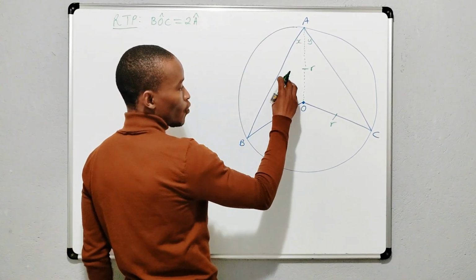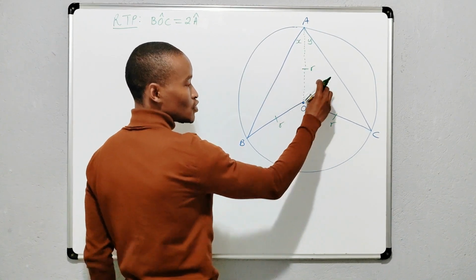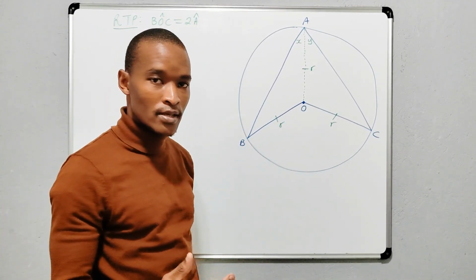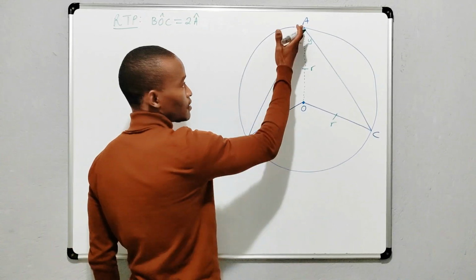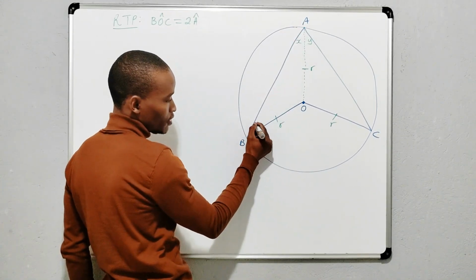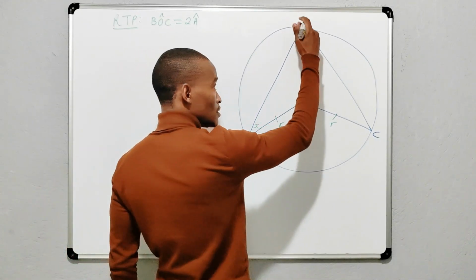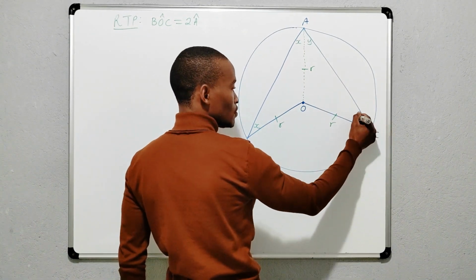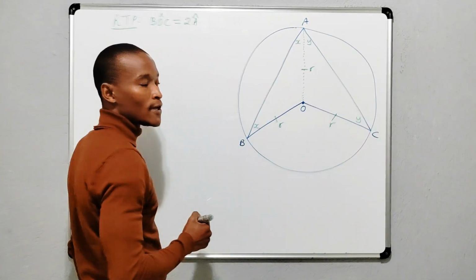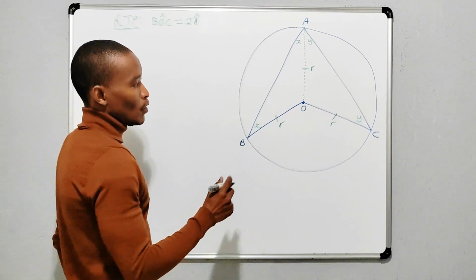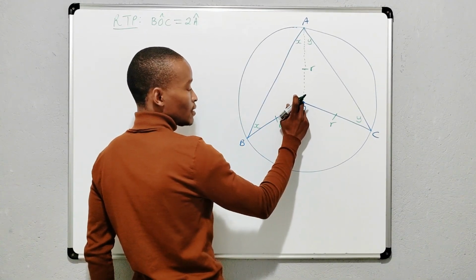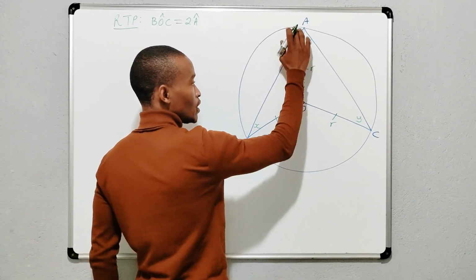Okay, so what type of triangles have we produced? Isosceles triangles, and we understand that the base angles will be equal, so that will be x. Base angles will be equal, so that will be y. Okay, what can we say about this guy? Angle BOA.